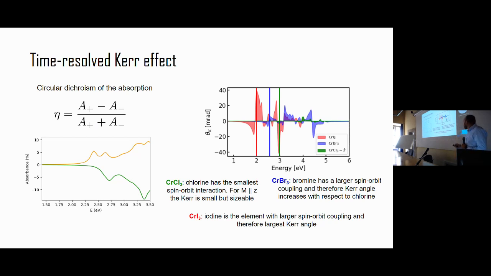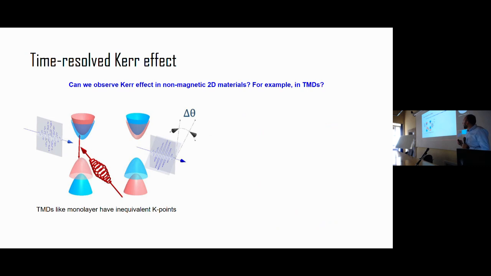Why do I tell you this if it's not time resolved? Because you can induce a Kerr effect in a non-magnetic material. How? For example, in the TMDs, you can go with a circularly polarized pump pulse, what I have explained before, and you will populate just one valley.